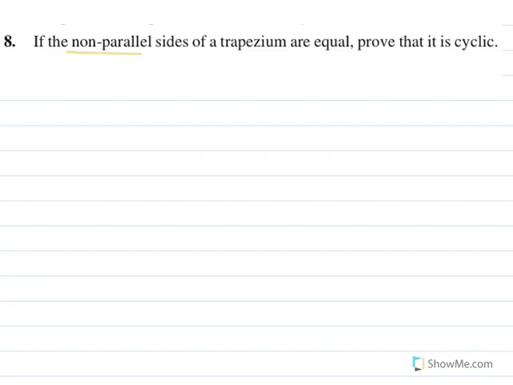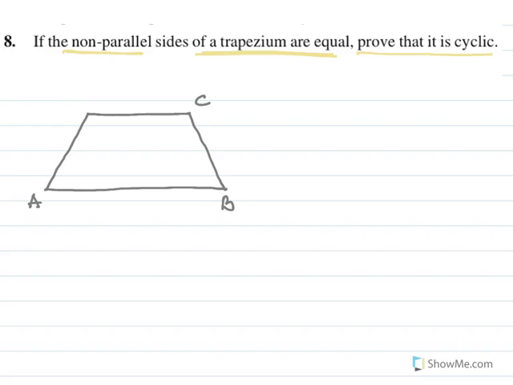If the non-parallel sides of a trapezium are equal, prove that it is cyclic. So here we have a trapezium with its non-parallel sides equal. So ABCD is a trapezium, which means these are the parallel sides.